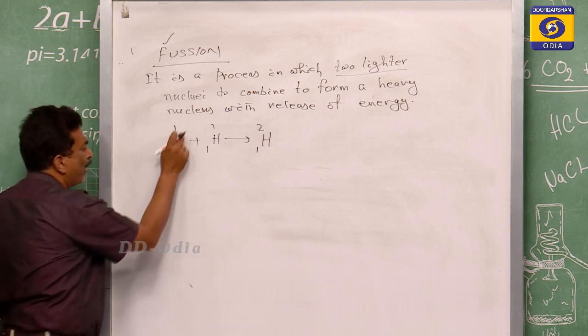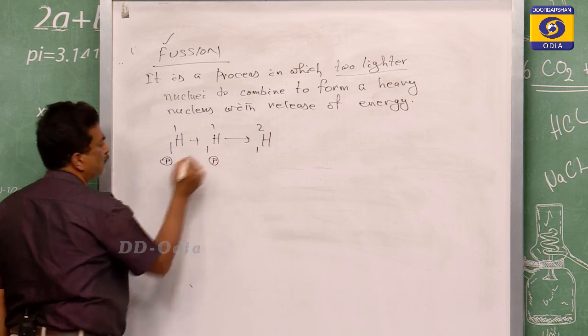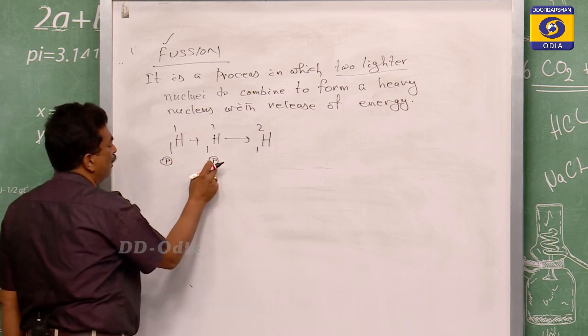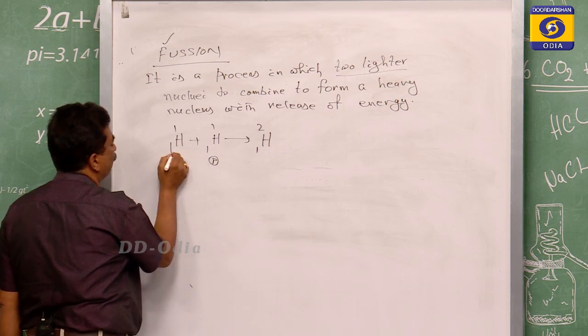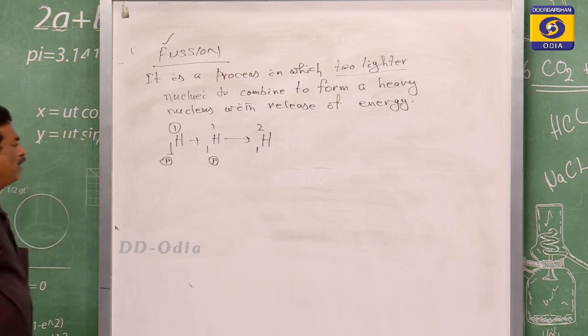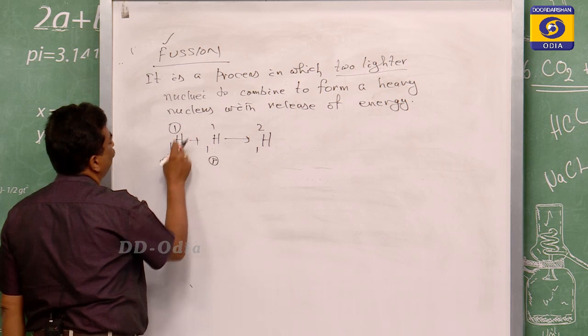You see here, 1H1 means there is a proton, and here there is a proton. And the product means two protons with two neutrons, this is the proton number, and this is the proton of 1H1. 1H1 means it is the very lightest one.